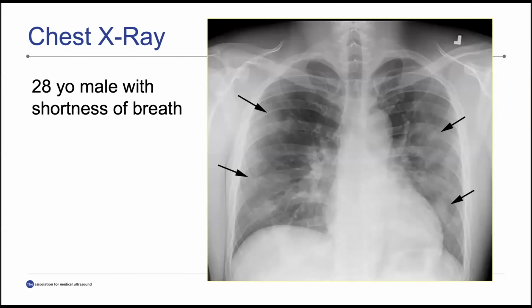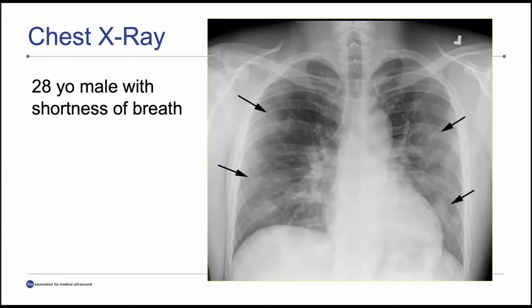So here's a look at a chest X-ray in a 28-year-old male who presented to the emergency department with shortness of breath. And the arrows are pointing to these sort of vague areas of infiltrate, these opacities in the bilateral lung fields, which represent diffuse pneumonia. And of course, this was a sign in a patient with presumed COVID-19 that they were indeed infected with the virus.